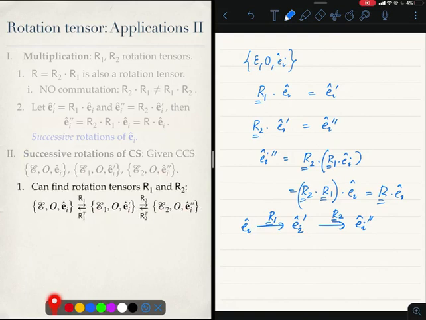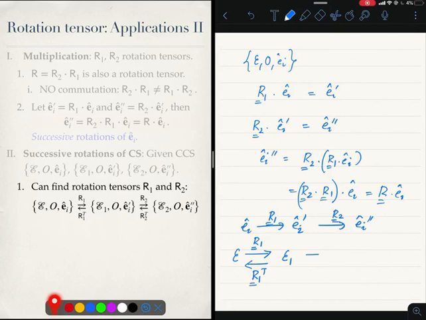And what we saw in the previous application was that between any two coordinate systems E and E1, I can always find a rotation tensor which takes E to E1 and brings it back by R1 transpose. So that is what we discussed in the previous slide.